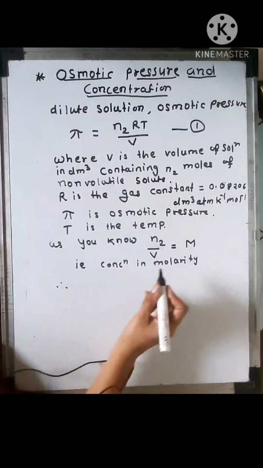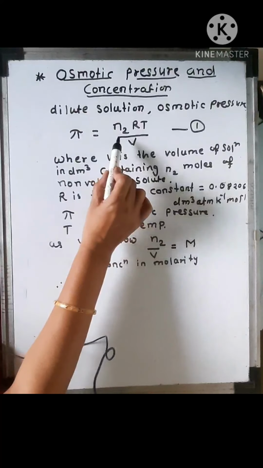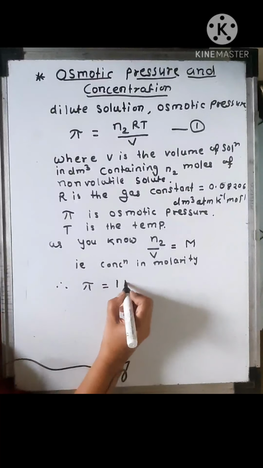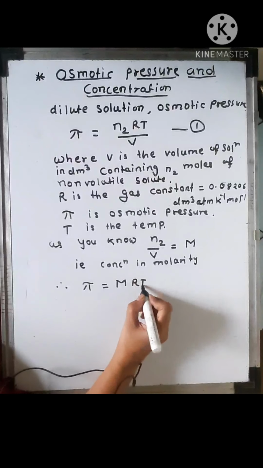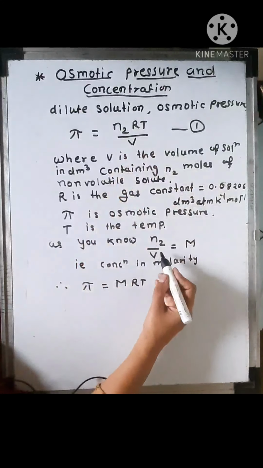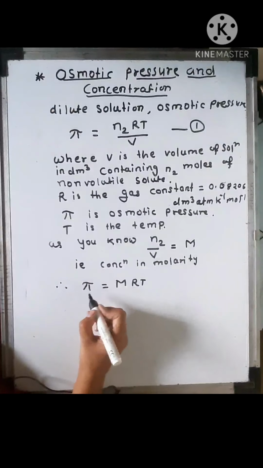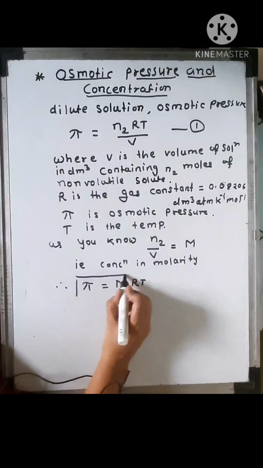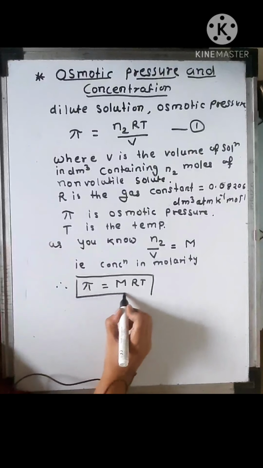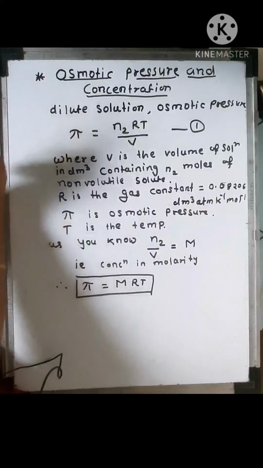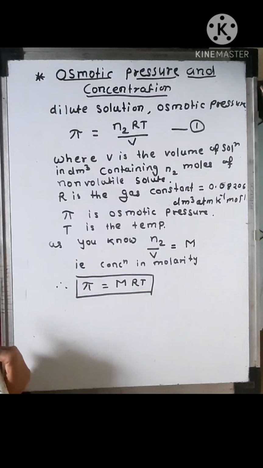Therefore, equation number 1 becomes pi is equals to mRT. Instead of N2 upon V, we are putting M. And this is the relation between osmotic pressure and concentration.